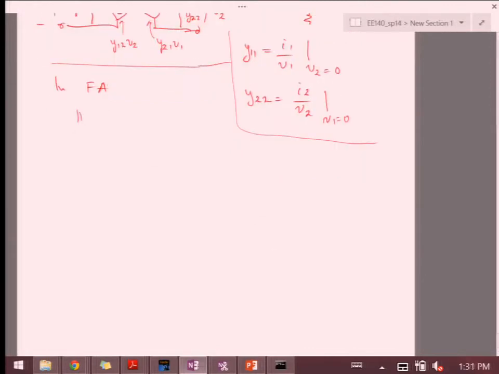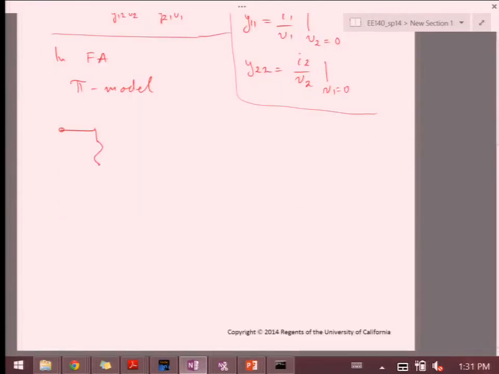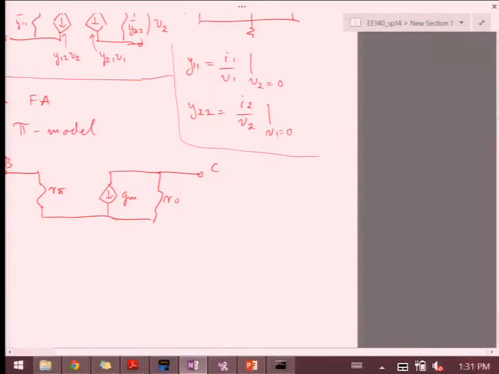And so we have what we call a pi model, where we're going to just disable this V2 source. So we're going to have something called R pi, and then here we're going to have GM, R naught, base, collector, and then this port will be the emitter.